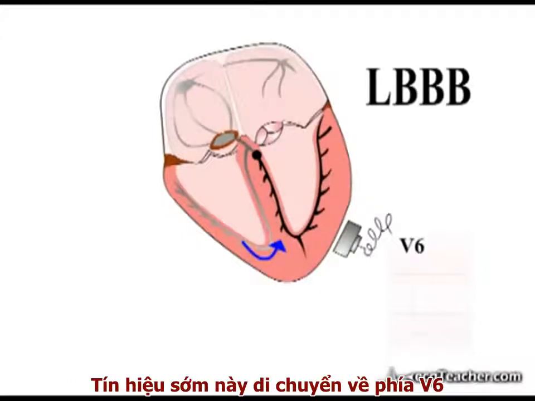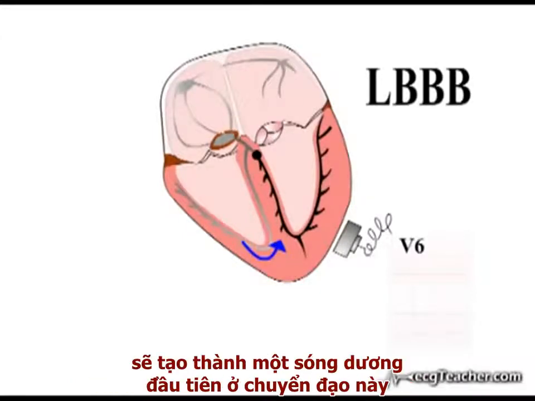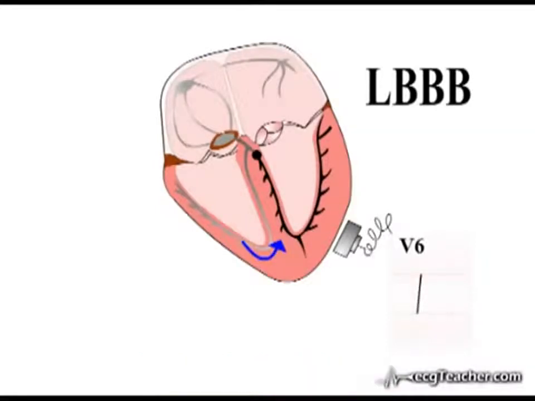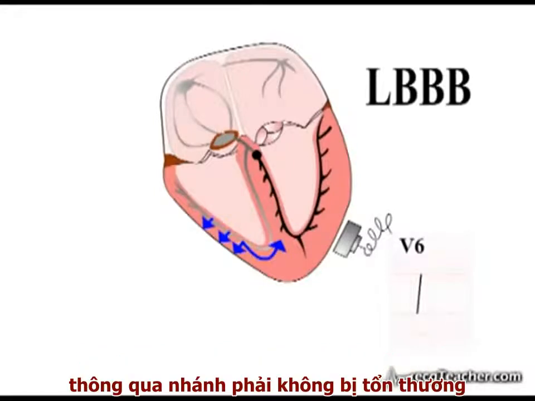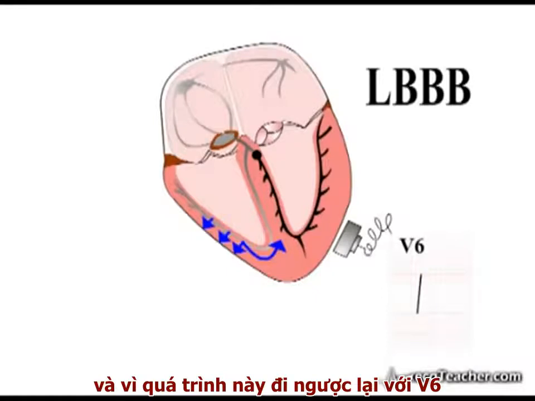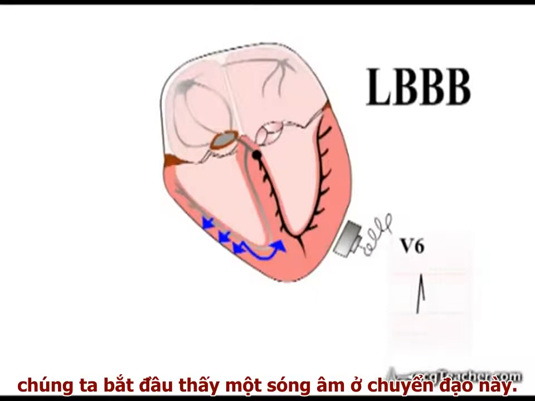This early signal is moving towards V6, resulting in an initial positive deflection in this lead. Depolarization is discharged into the right ventricular muscle mass in a timely fashion through the intact right bundle, and as this signal is moving away from V6, we start to see a negative deflection develop in this lead.